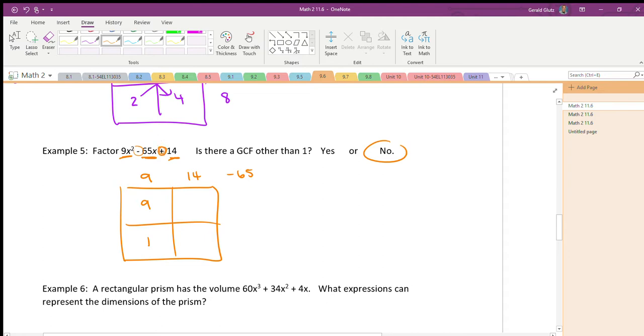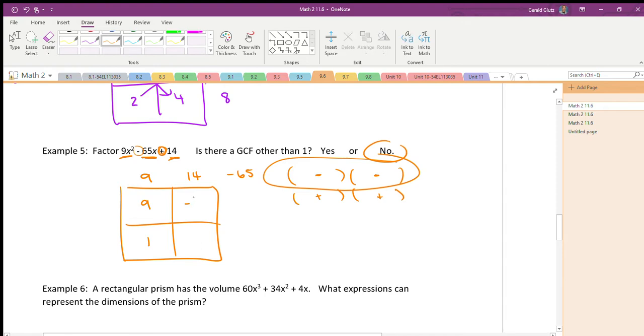Whenever C is positive, that means our answer will always have the same sign. So it'll either look like that or it'll look like that. But if B is negative, it has to look like this. So we're going to end up with 2 negative numbers in here because these two numbers have to multiply to equal a positive 14.